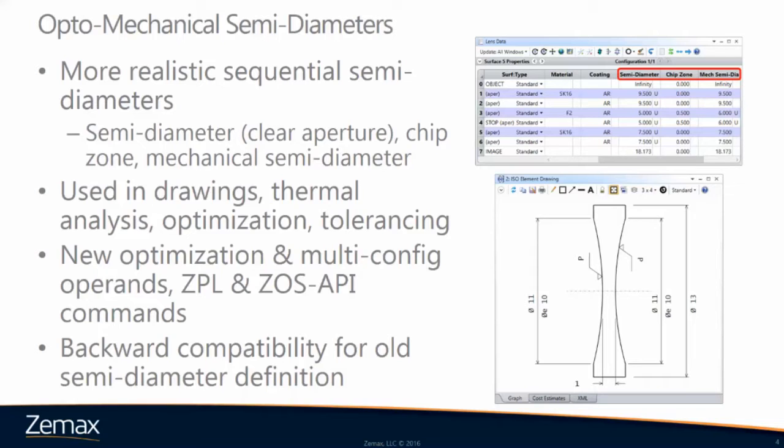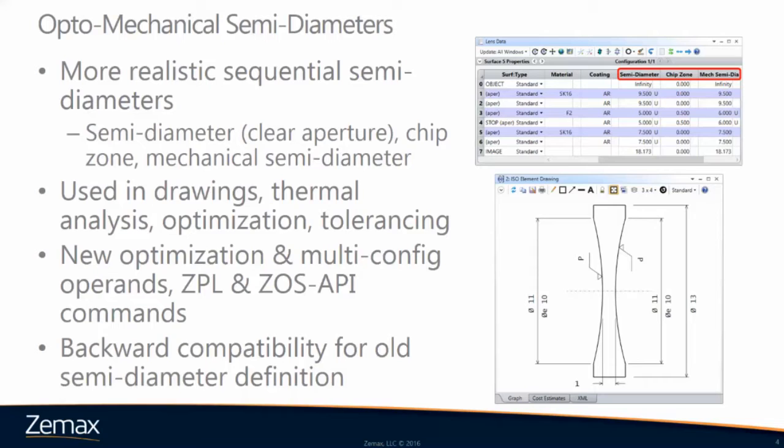There are new multi-configuration operands for thermal analysis. There are new optimization operands for optimization purposes, and they're also supported with tolerancing as well. In addition, we've added ZPL and API commands that allow you to change and get the data that's entered in these cells.